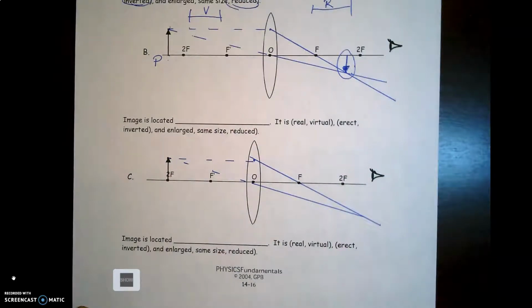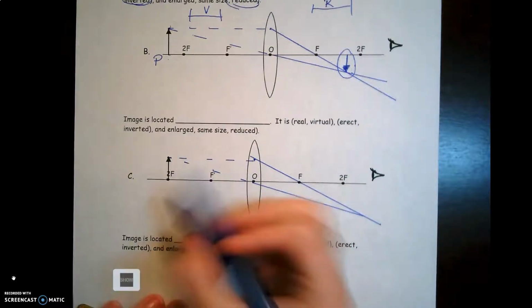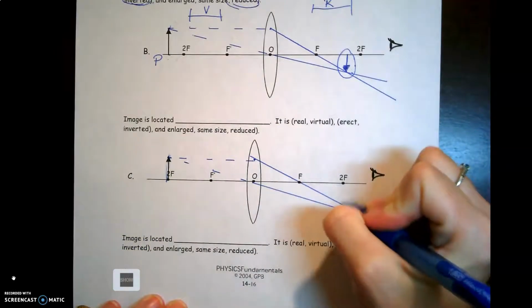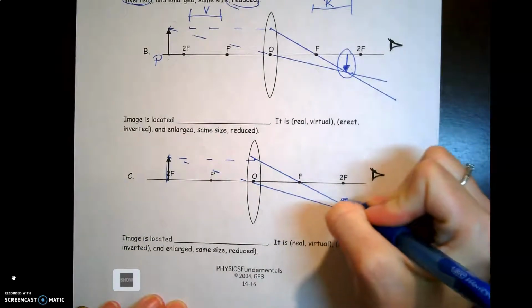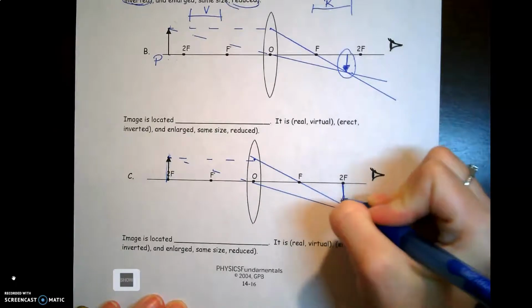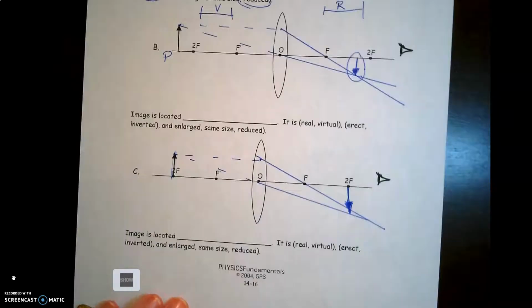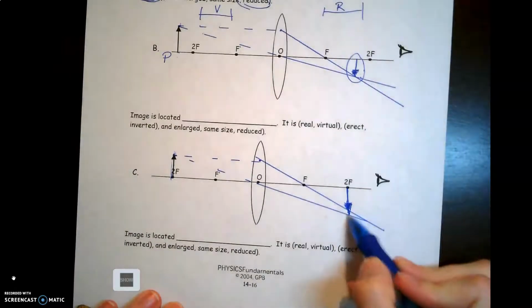My lines are not perfect. If an arrow is located at 2F, it's actually going to end up at 2F as well over here. My lines are not perfectly parallel or straight, otherwise they would have connected here.